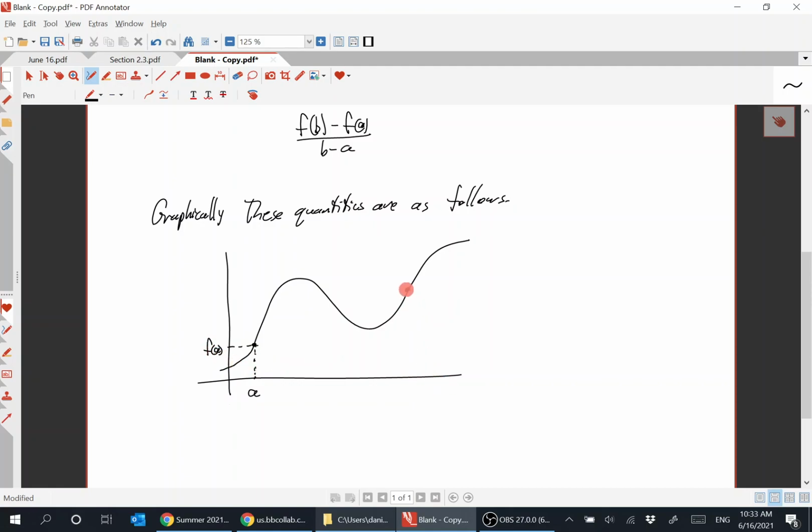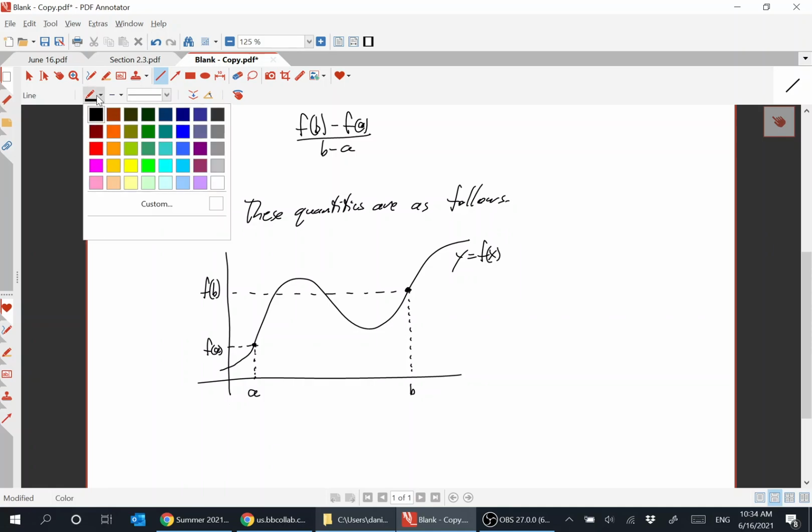And then we'll put b right here. So that's b. This is f of b. Now consider the line that goes through both of those points.